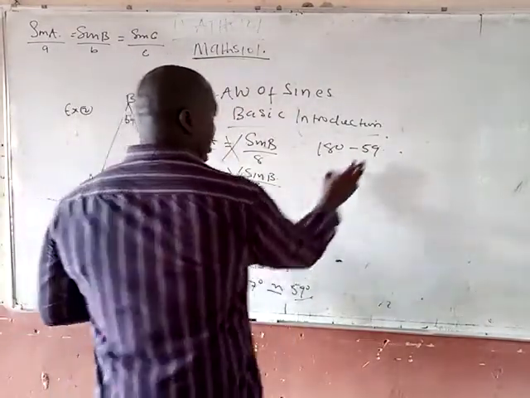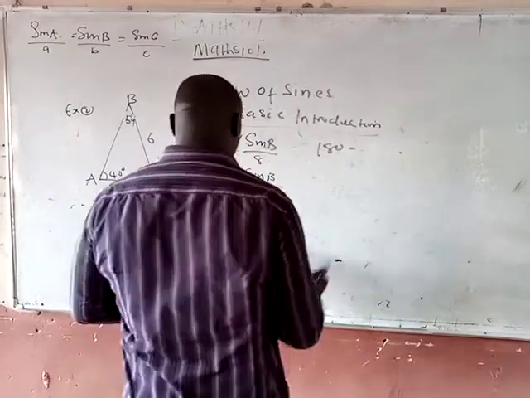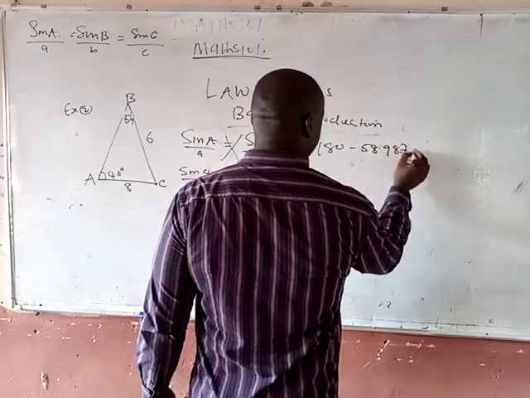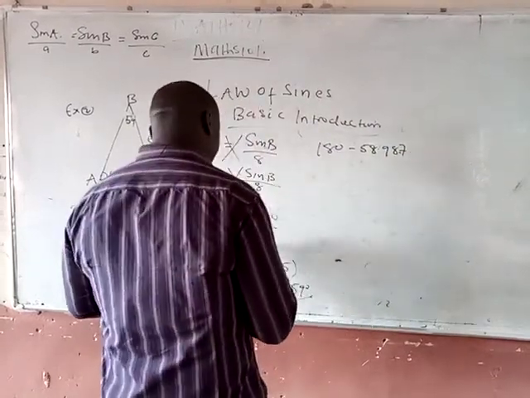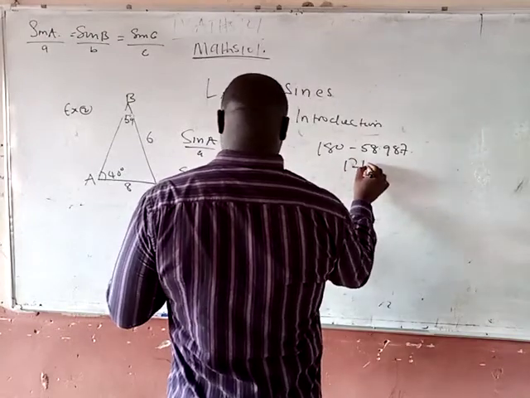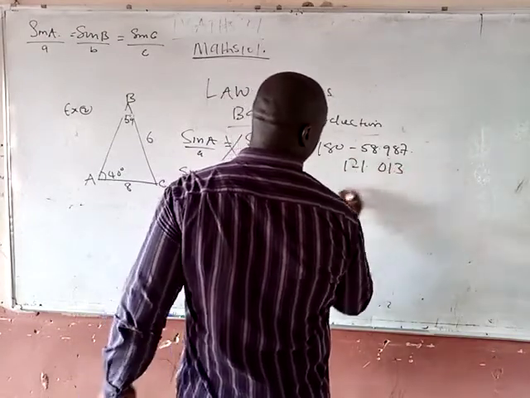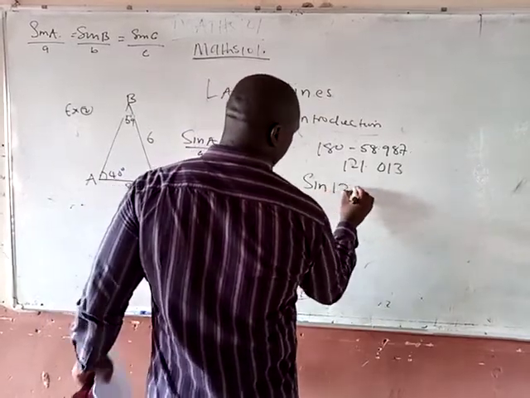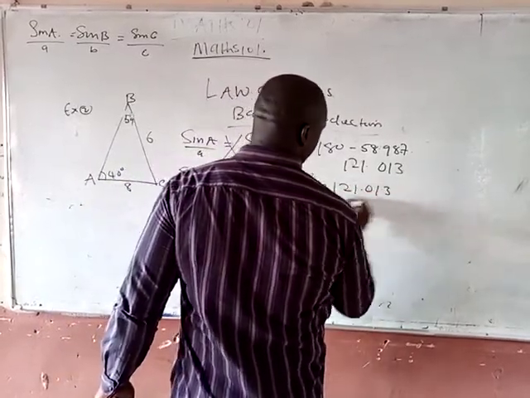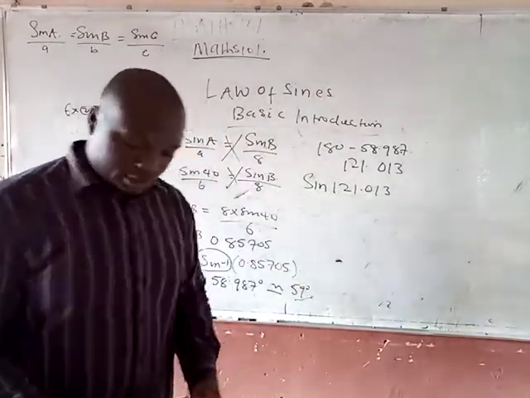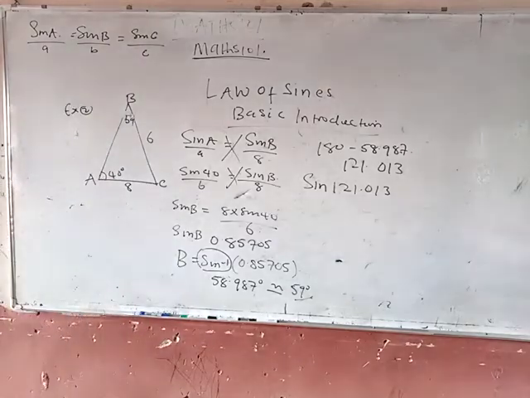Let me write the full value first: 58.987. So 180 minus 58.987 gives you 121.013, right? Good. Now, punch sine of 121.013 in your calculator. You're still going to get 0.85705.